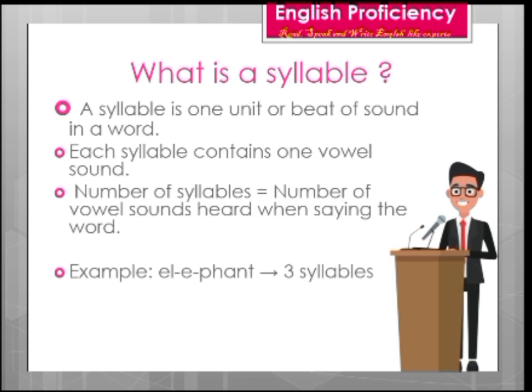I should be able to pronounce the syllables one after another. Elephant. This is why I say it has 3 syllables, because when you are pronouncing it, you will hear the sounds 3 times. That is the first sound, "e"; second, "le"; the third, "fant".